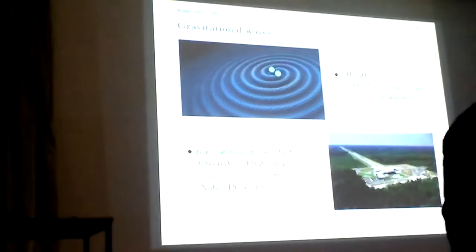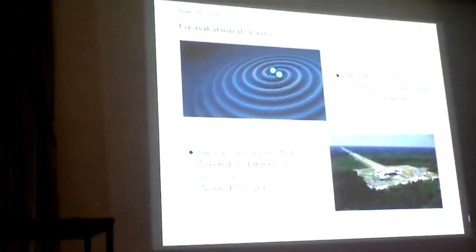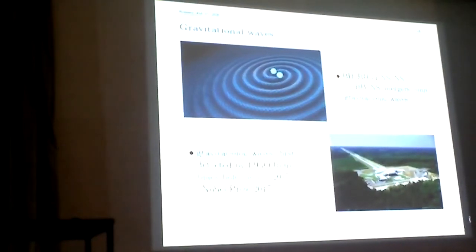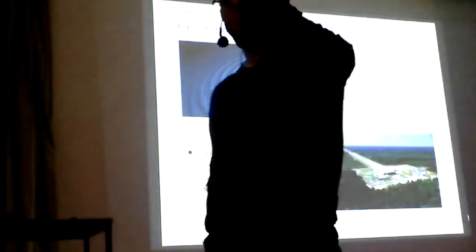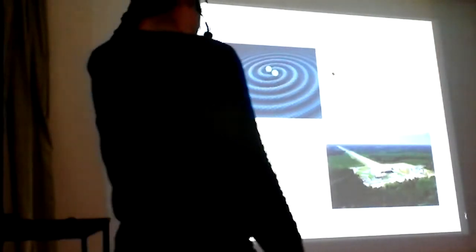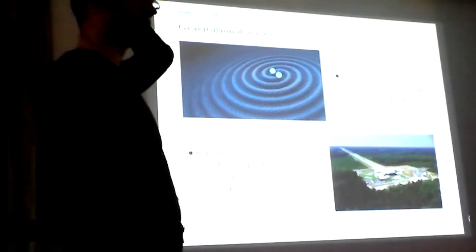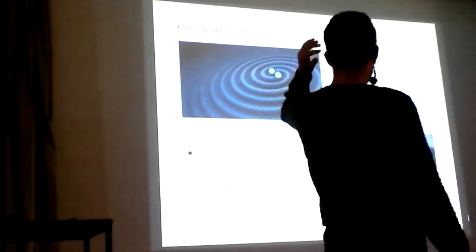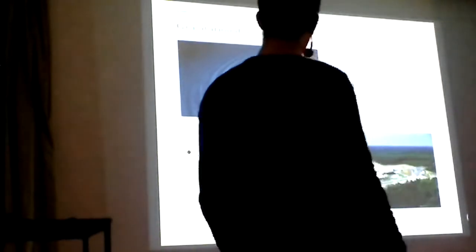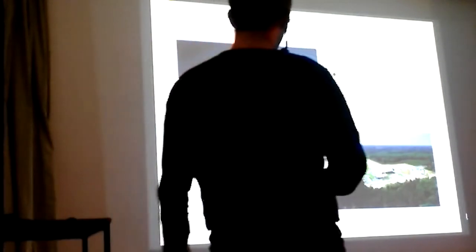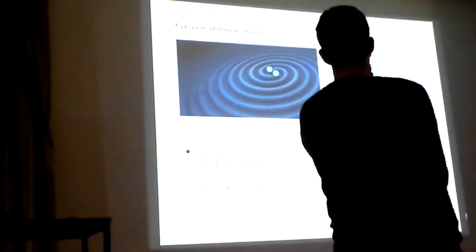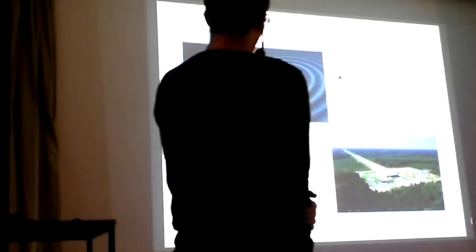Finally, I don't want to go over time, so maybe 2 or 3 minutes, just let me mention that on top of some of the observables I just mentioned, there's a new one since 2 or 3 years, namely gravitational waves. This was certainly also in the news for the first time about 4.5 years ago or something like this.